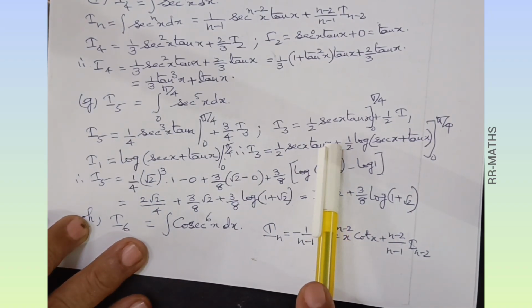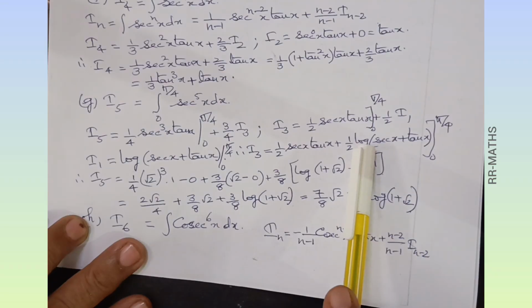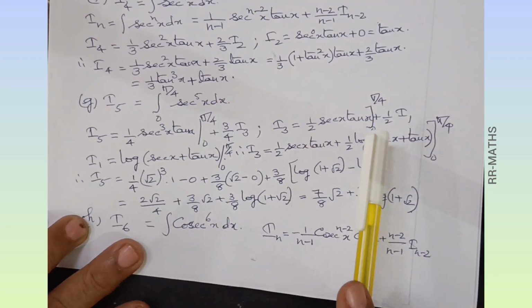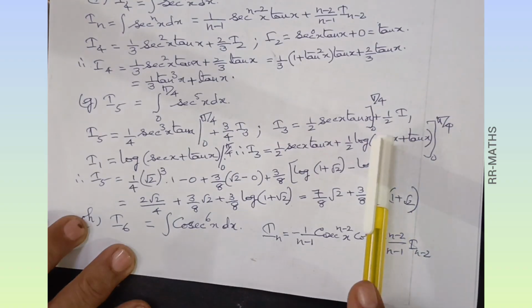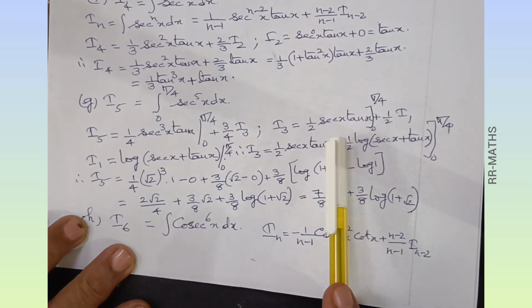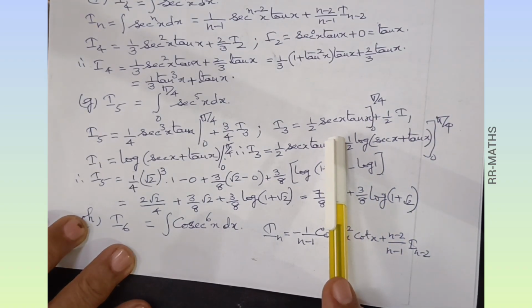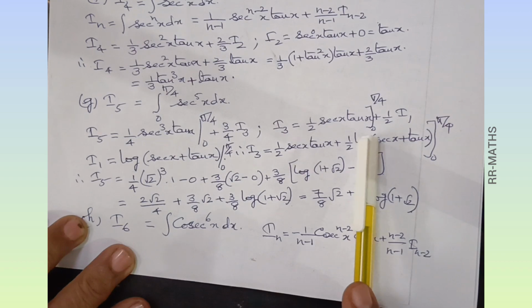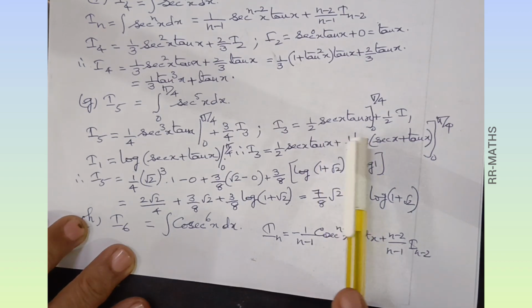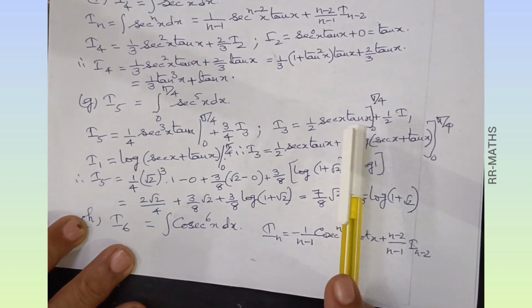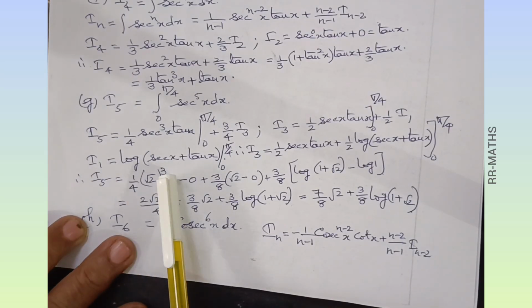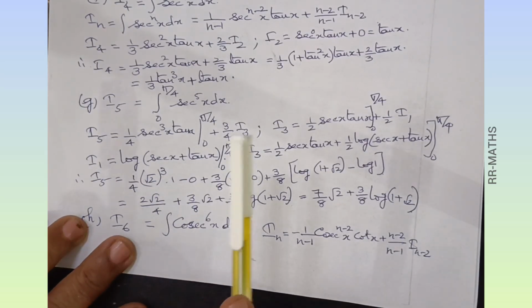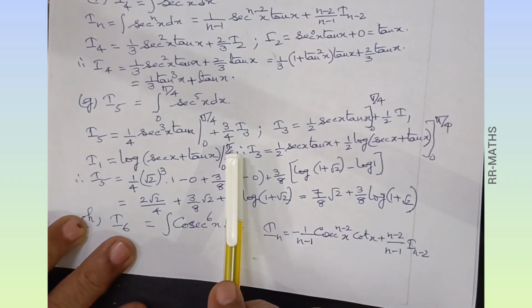Plus 3 by 4, I3 is there. So for I3 you write your formula, you get half secant x tan x, limits varying from 0 to pi by 4 plus half into I1. Again you substitute your limits here. Secant 45 is root 2, tan 45 will become 1, lower limit 0, it is 0. Now you go for I1. I1 value is log of secant x plus tan x, limits varying from 0 to pi by 4.